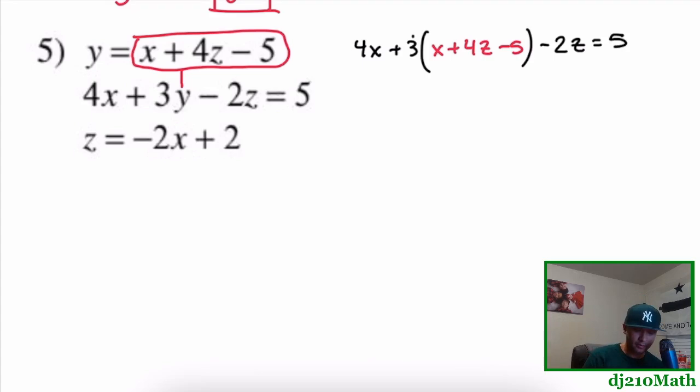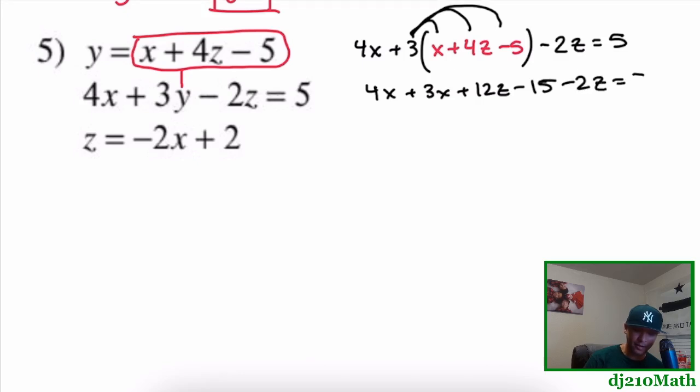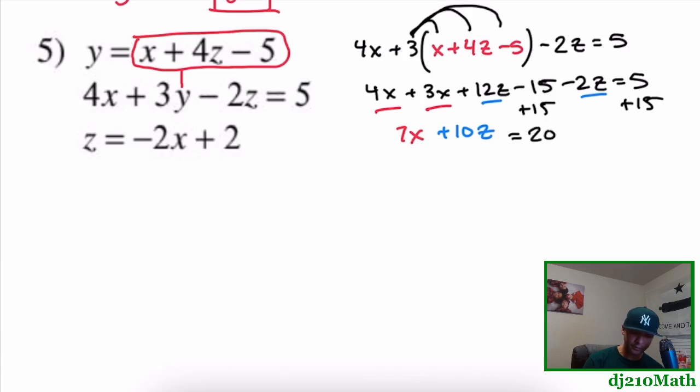Distributing the 3, we get 4x plus 3x plus 12z minus 15 minus 2z equals 5. Okay, combining like terms, so 7x plus 10z. I'm going to add 15. So 7x plus 10z equals 20.